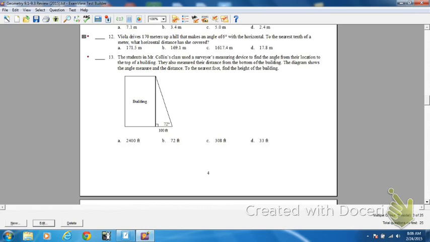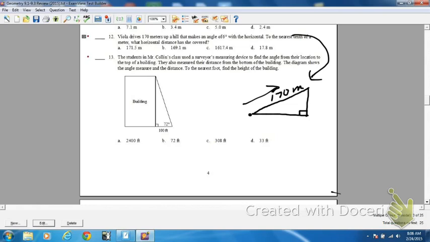Don't have a lot of room there for number 12. I'm going to bring it down here, where I have a little bit more room. Viola drives, because we have to draw a picture here, Viola drives 170 meters up a hill that makes an angle of 6 degrees with the horizontal, which means that we just have a right triangle, and she's going from the bottom up, and that length is 170 meters.